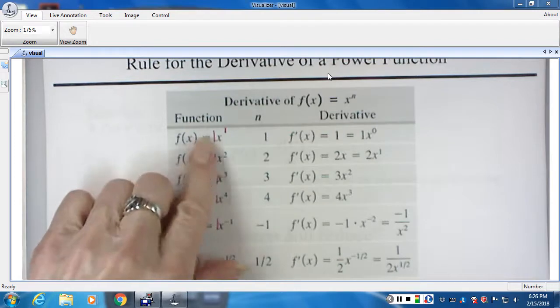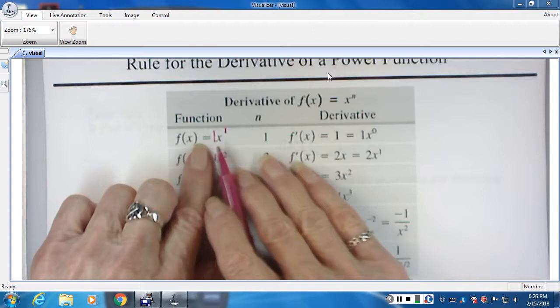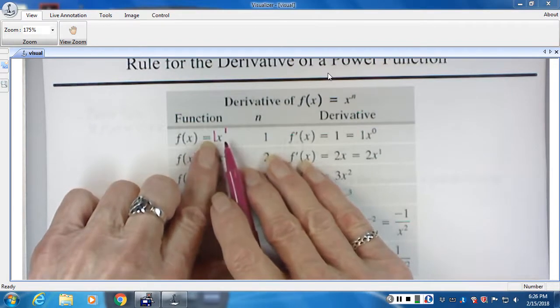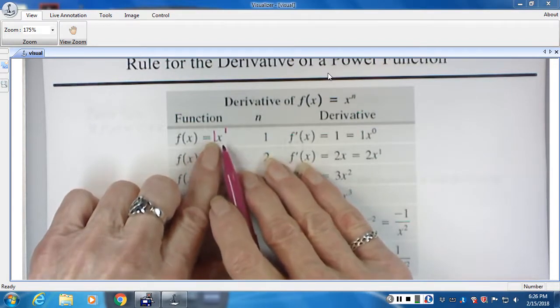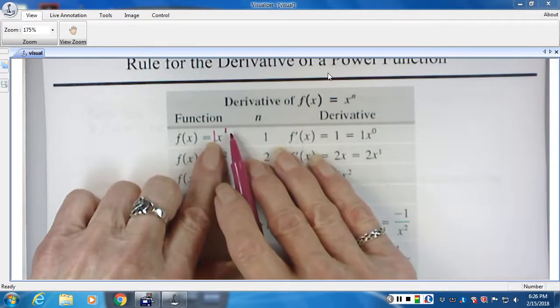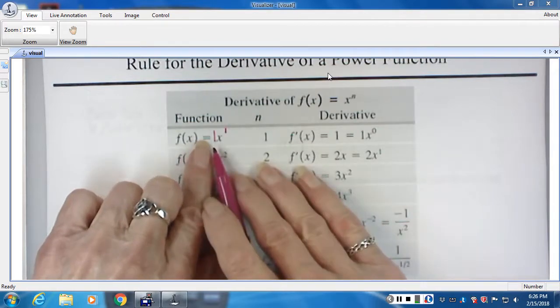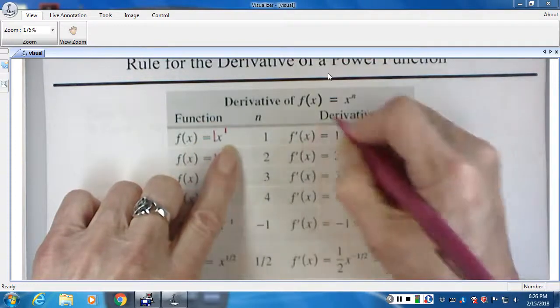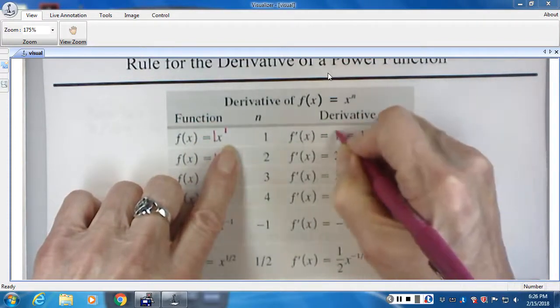So when we take this derivative, what you're going to see happens is that when you have the derivative of a variable raised to a power, and you're taking the derivative with respect to that variable, all you're going to do is drop the power down in front of the variable and use it as a multiplier. So in this case, that 1 is going to come down in front of that 1x.